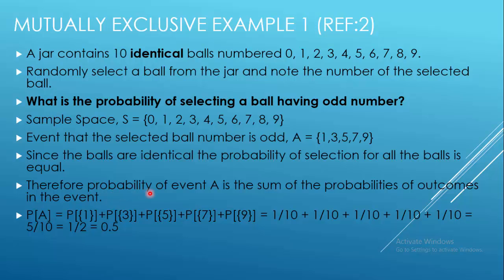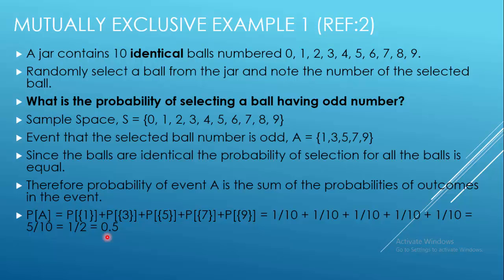Therefore, the probability of event A is the sum of the probabilities of outcomes in the event. We simply take the probability of each outcome and add them to get the total probability. The probability of 0 is 1 by 10 and the probability of 1 is also 1 by 10 because they are identical. 1, 3, 5, 7 and 9 have the same probability, so we simply add 1 by 10 five times and we get 0.5.